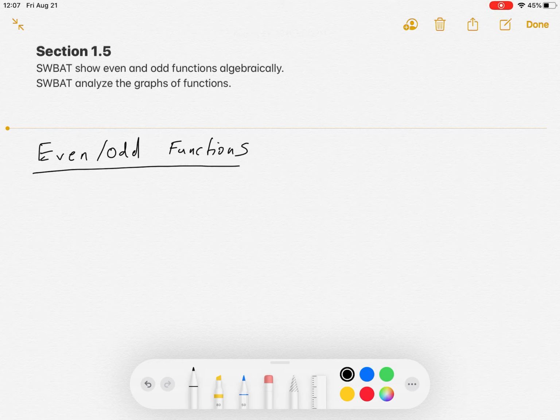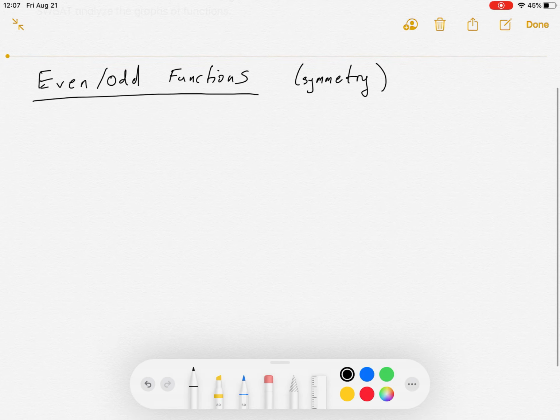So essentially what we're going to be doing here is returning to symmetry, which was covered in section 1.2, except now we're going to be doing it from a functions standpoint. So we're still going to have y-axis symmetry.